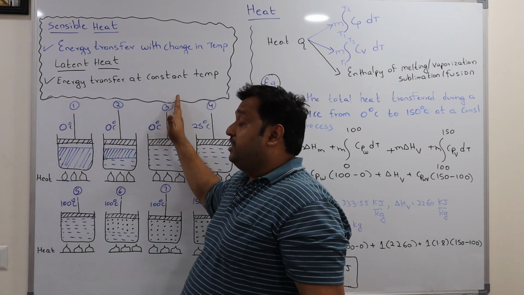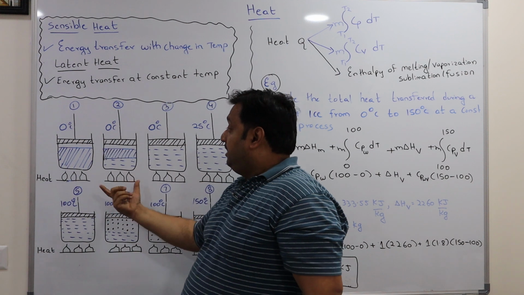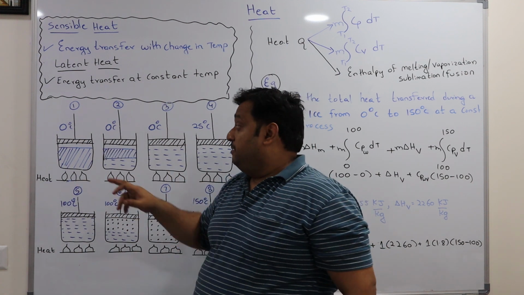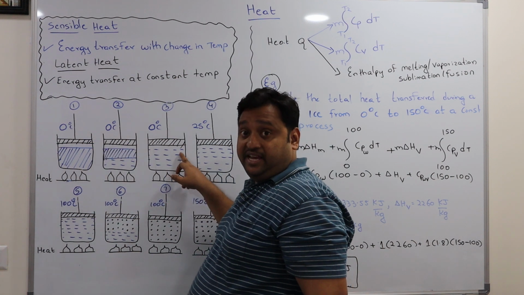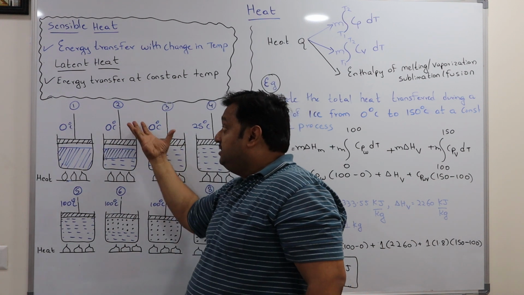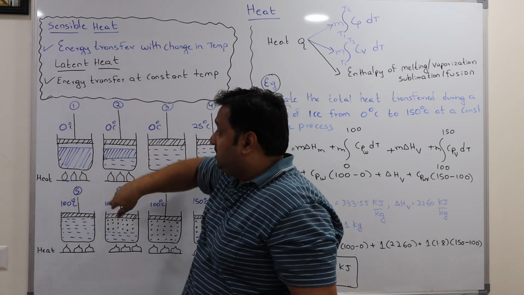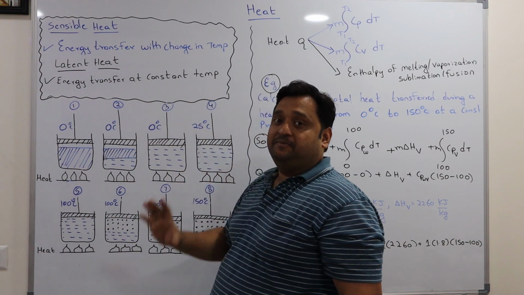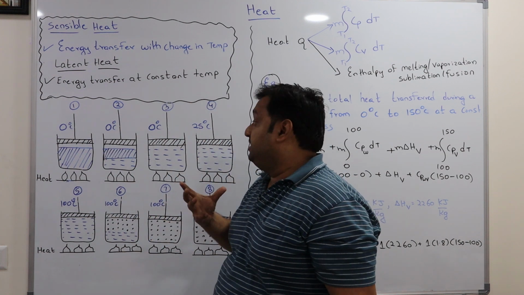During this process, the energy whatever we have supplied is called latent heat, because during this phase change, there is no change in temperature. That is why this comes under heat transfer in enthalpy of melting. Okay, that's in the form of latent heat.